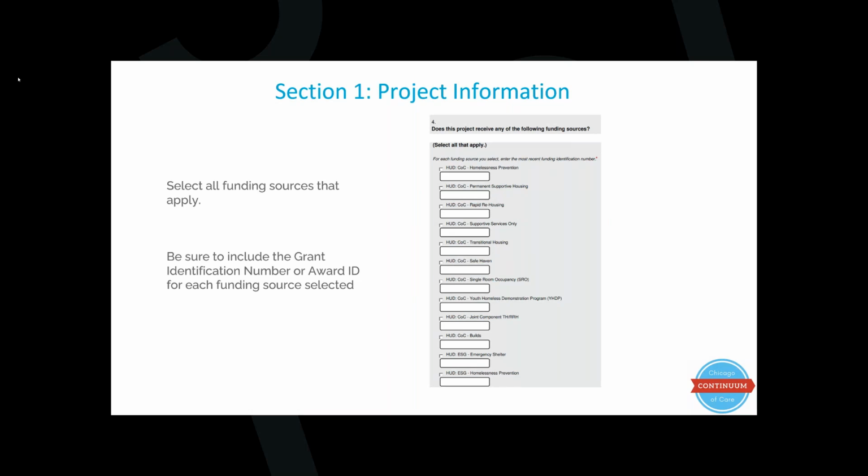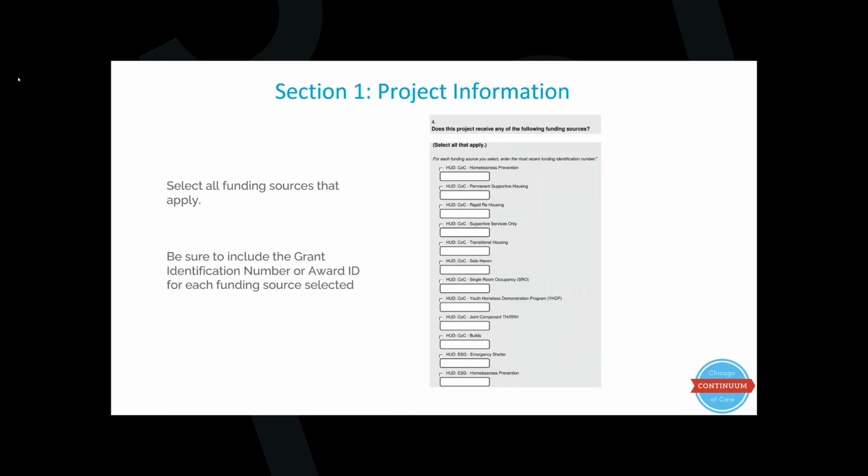So when you go into the funding source section, you're going to see a list of all the available funding sources that a project could have. So what you're going to do is select any funding sources that apply to your project. So if your project is funded through permanent supportive housing, HUD CoC, you'll select that.